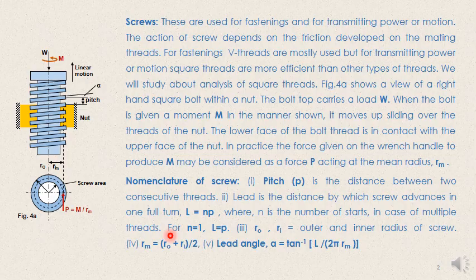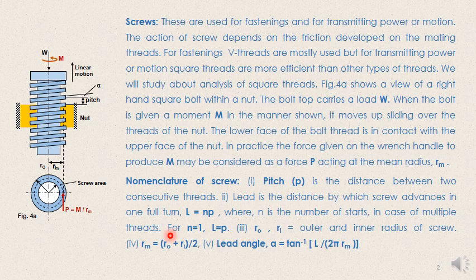Why are these types of multiple threads used? For quick engaging or disengaging. Another example is unloading petrol from a petrol tanker. If you carefully observe, they use just a nut to engage the pipeline with the tanker.